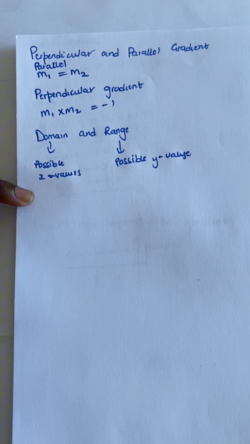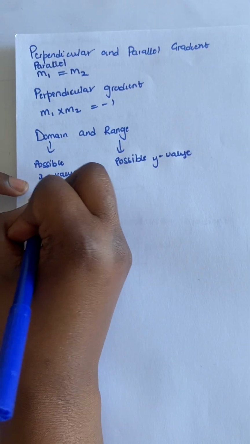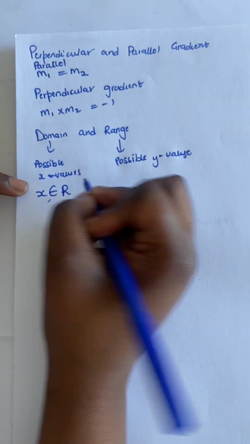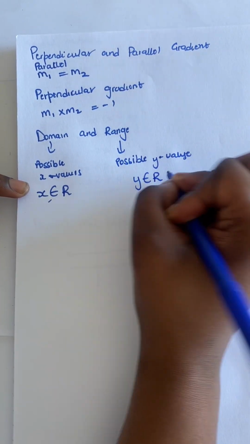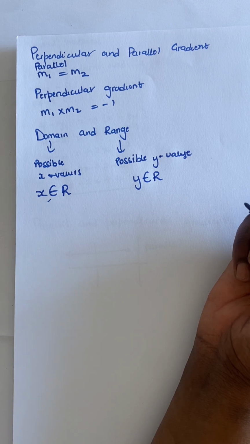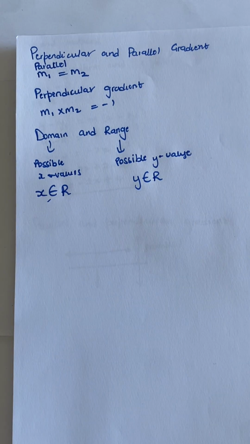So domain is given in this format: x is an element of real numbers, or y is an element of real numbers in a straight line graph.